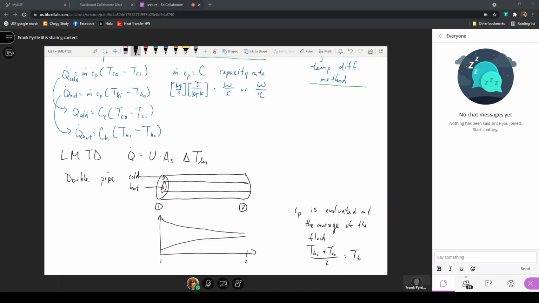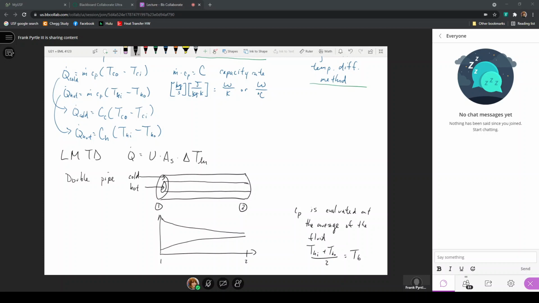In many of the problems, they'll tell you to use a specific value of the specific heat in order to calculate, let's say, the heat transferred out of the hot fluid. But if it's not given, the temperature at which we would evaluate is just the average temperature between the inlet and outlet for that particular fluid.